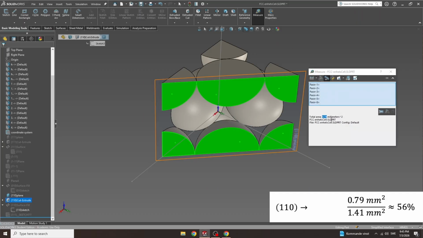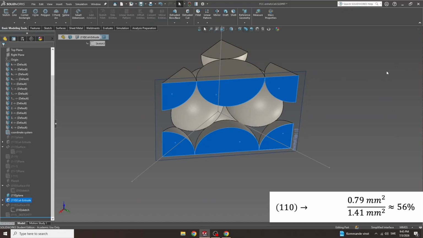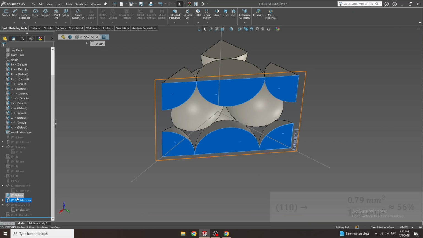So this divided by the whole area gives us 56%. So this is in fact not a close-packed plane with the highest planar density.